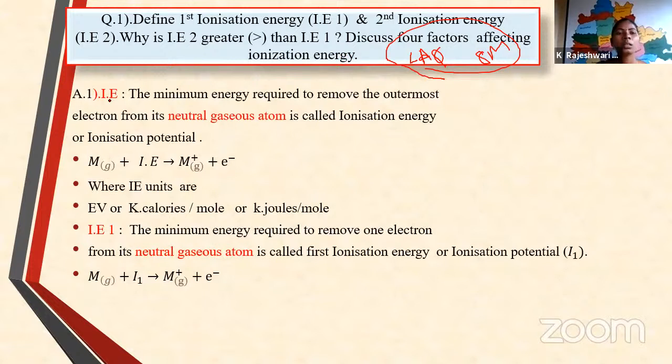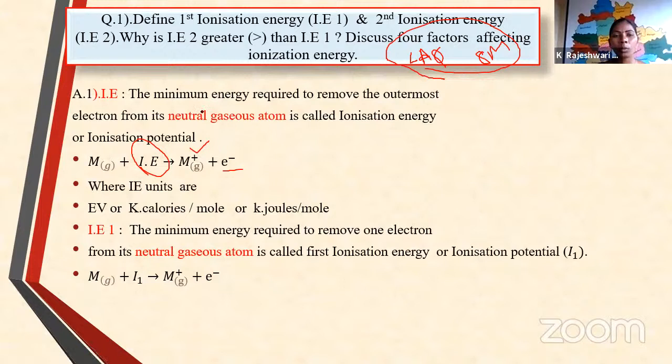So ionization energy, the minimum energy required to remove the outermost electron from a neutral gaseous atom, is called ionization energy or ionization potential. If you are removing the electron, some amount of ionization energy you are adding, and then the electron is lost, giving rise to a unipositive ion. We have already discussed this.